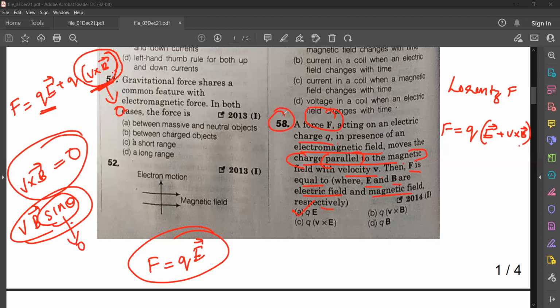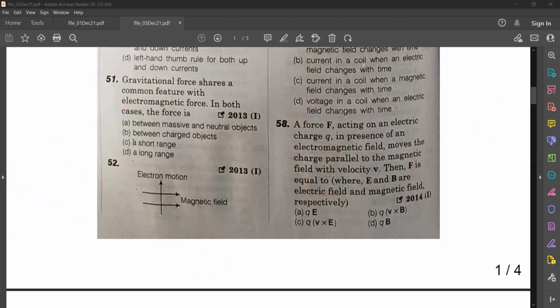Before that, just copy down. This is the Lorentz force: F is equal to QE plus QV cross B. Here V cross B is equal to 0, the reason being the charge moves parallel to the magnetic field. So we have only F is equal to QE. Okay, so next question.